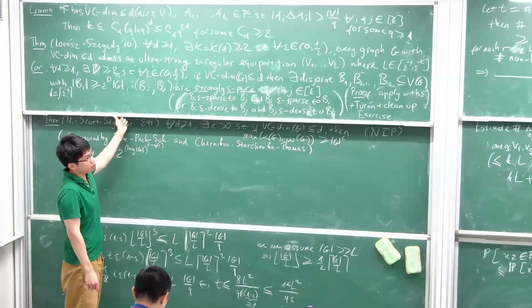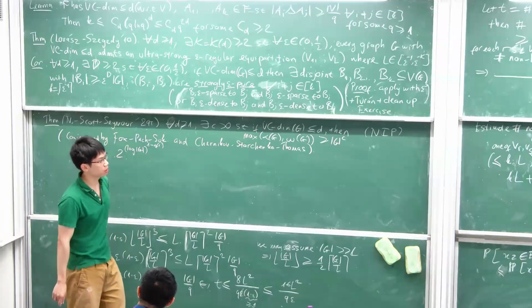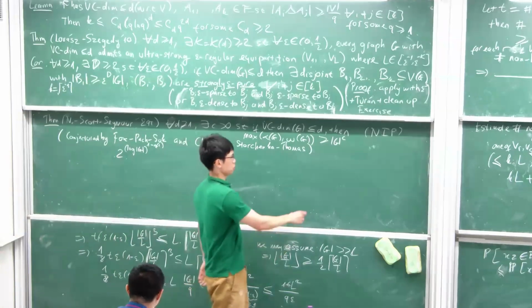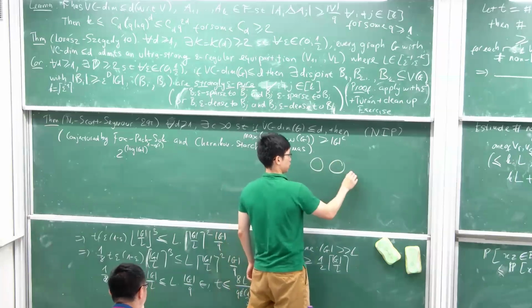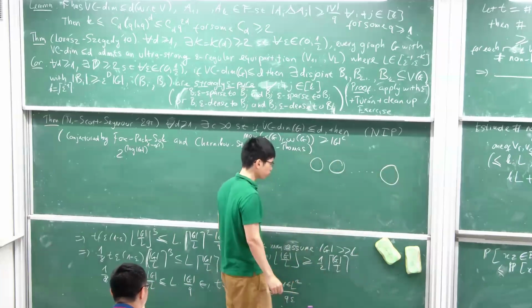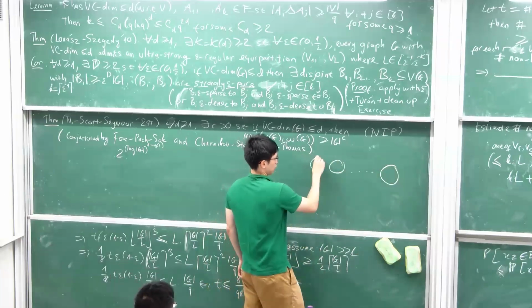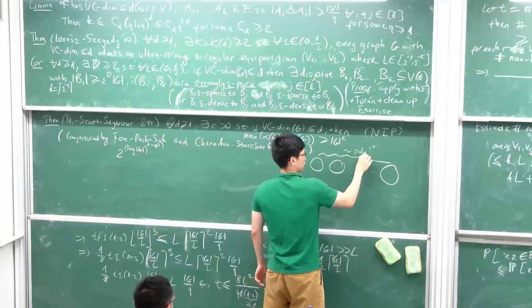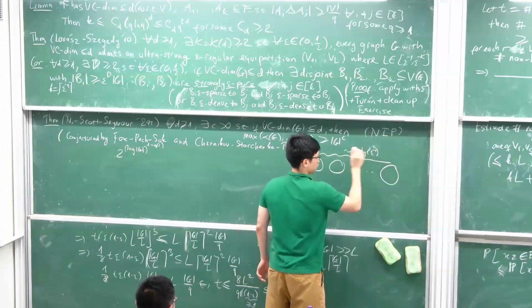So to explain this in detail, it's going to be messy because you have to do calculations. But the idea here is you have a sequence of subsets. The number of the subsets is going to be roughly some power of epsilon inverse.